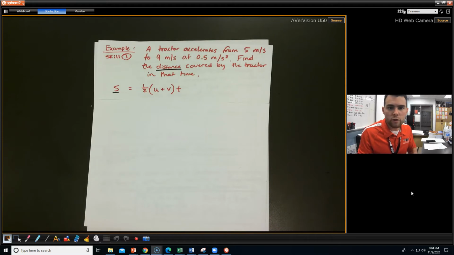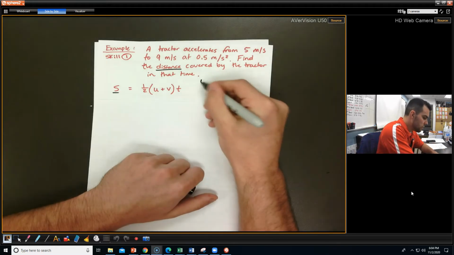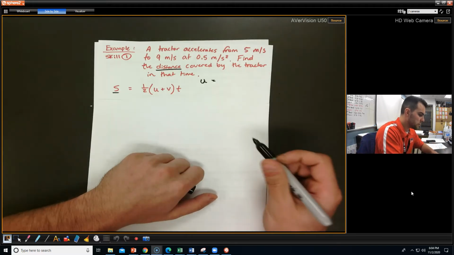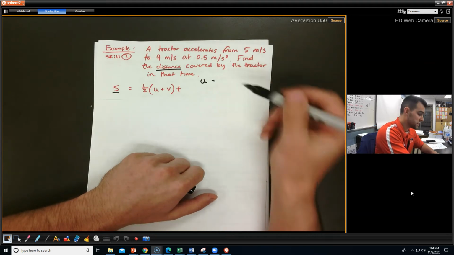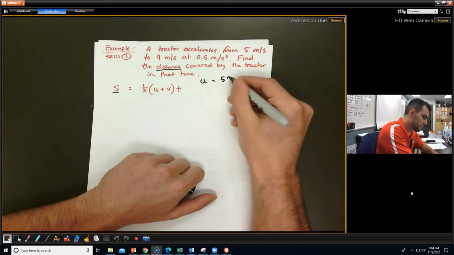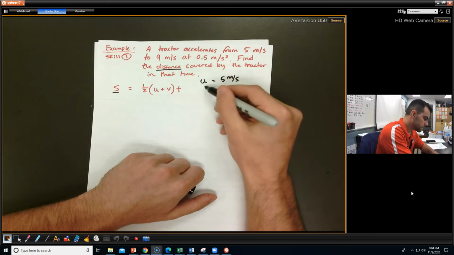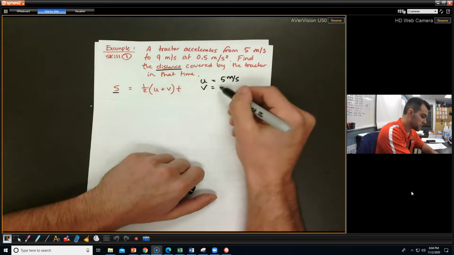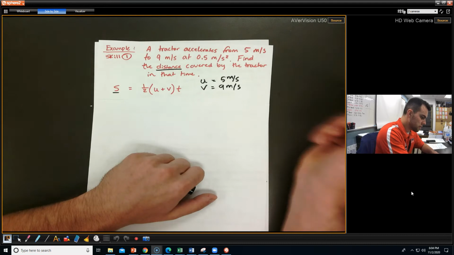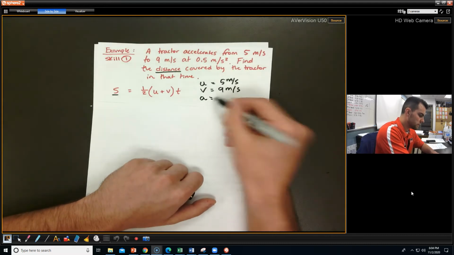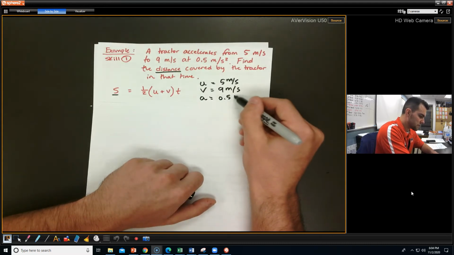Well, let's write down what we know. We know our initial velocity; we started from 5 meters per second. I know my final velocity, it's 9 meters per second. And I know my acceleration, that is 0.5 meters per second squared.